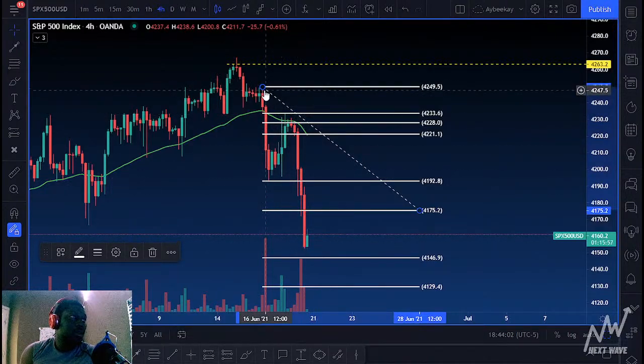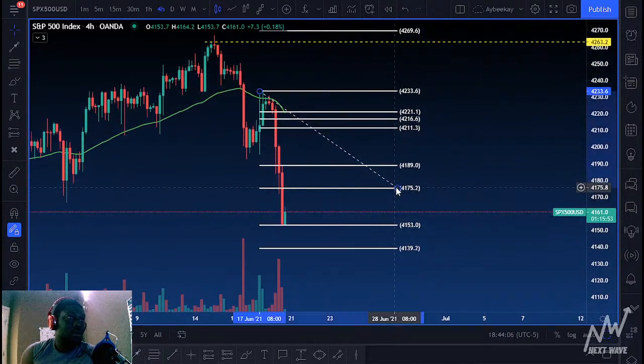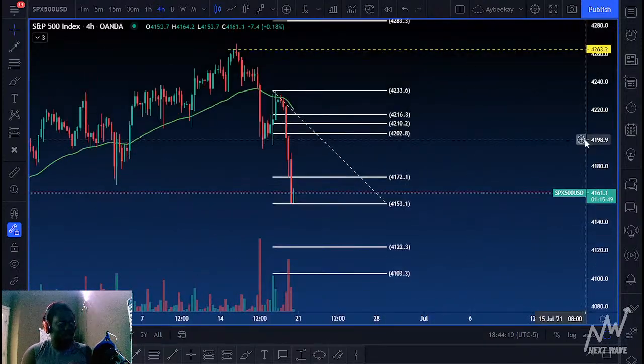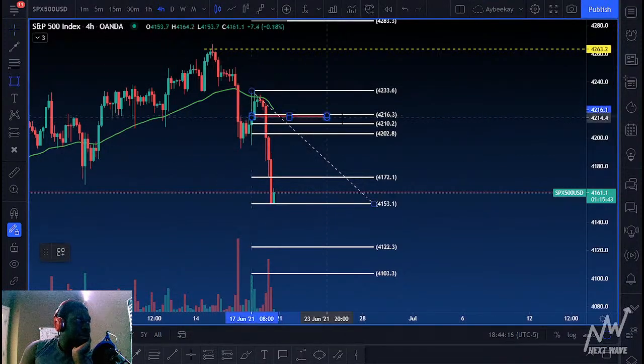So now, I would love to see it if it played out like this. Now I'm really feeling the sells more and more. Over here, 4210, that would be decent for a potential sell entry, in my opinion.